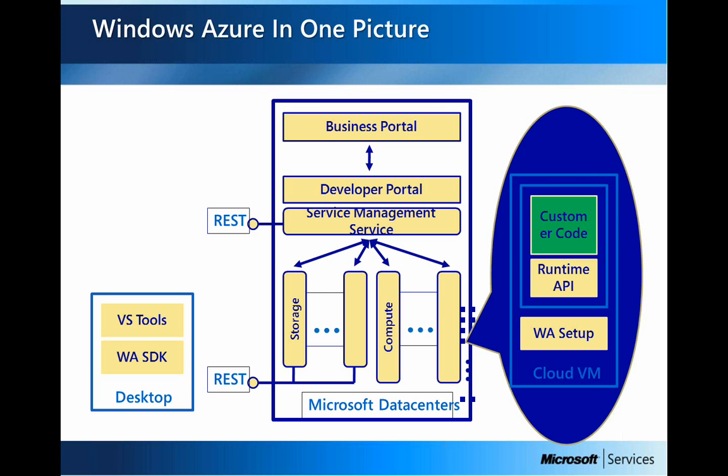Scale out means running multiple copies of the same code base across many commodity servers. You have one code base, but when it is running, you call it an instance.